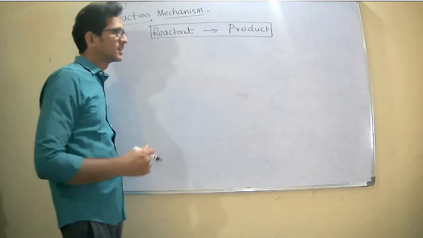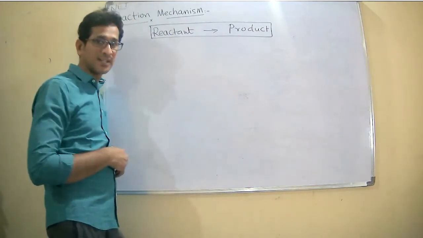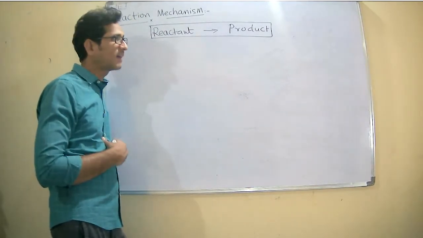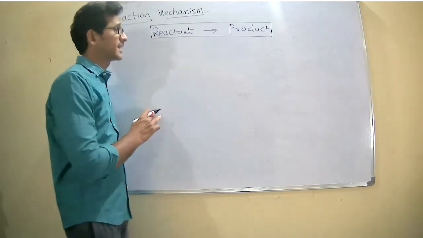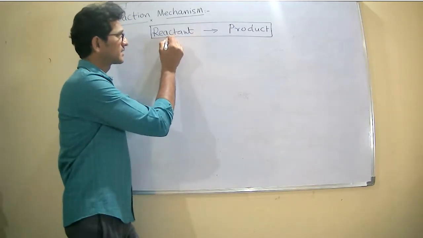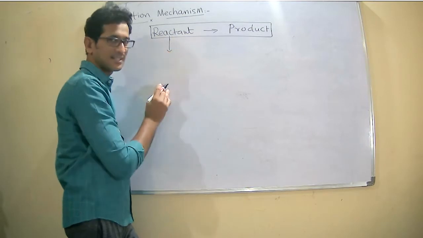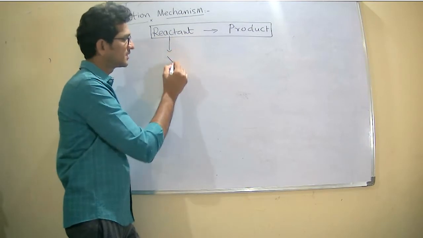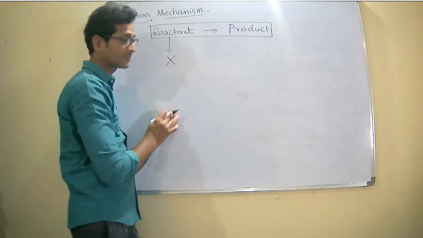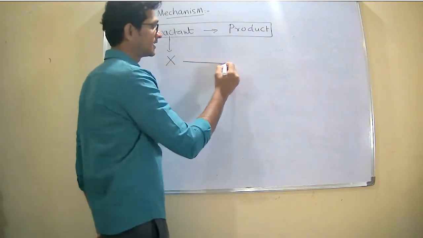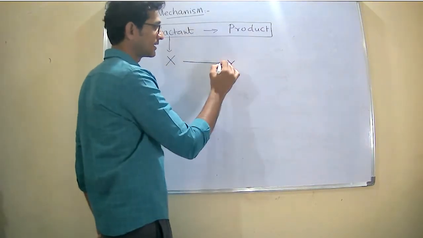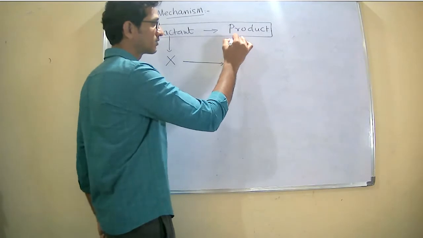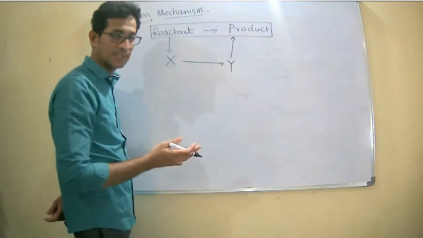But what is happening inside the chemical reaction? See here, the reactant first converts into X, then it converts into Y, and finally transforms into product.